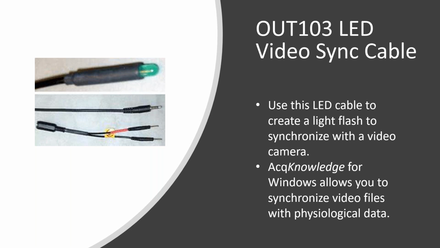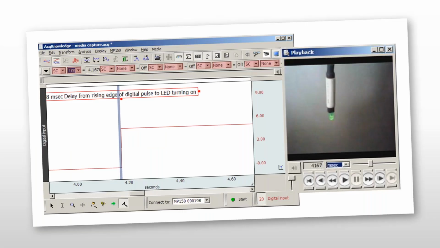What we do is we use the onset of the LED to determine when we're synchronized to the physiological data. This image here shows two things. On the right-hand side, you can see the LED illuminated. And on the left-hand side, in Acknowledge, you can see there's a square wave.